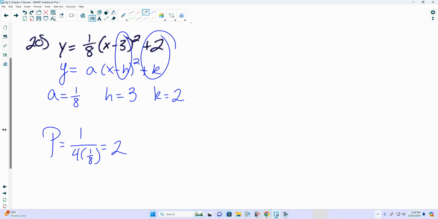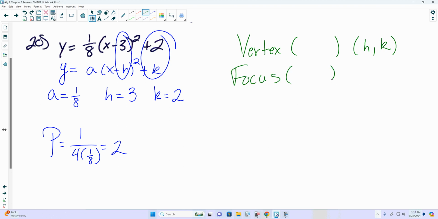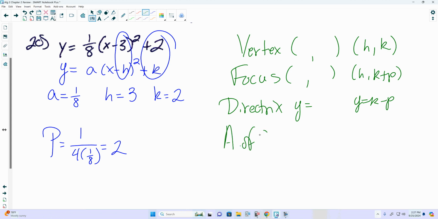Now, going back to the reference sheet, since we have y equals, the vertex is going to be the point H, comma, K. Focus is the point H, comma, K plus P. Directrix, y is equal to K minus P, and axis of symmetry, x is equal to H. I'm pulling these general forms straight from the reference sheet.